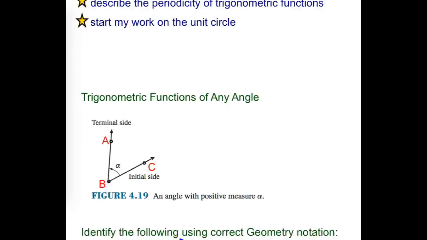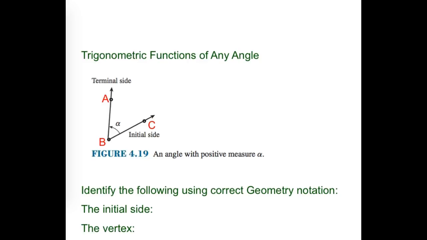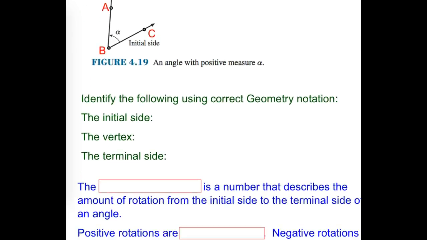All right, so quick review. Go ahead with your partners. I want you to label the initial side, the vertex, and the terminal side for this picture. Okay, so for our first picture, we have angle alpha, also labeled angle B. So down here for your vertex, we have the point B. Yes?